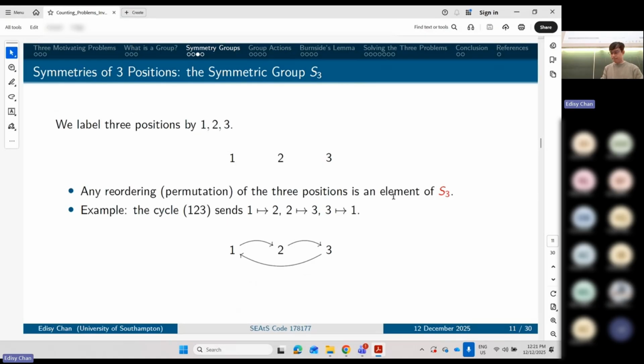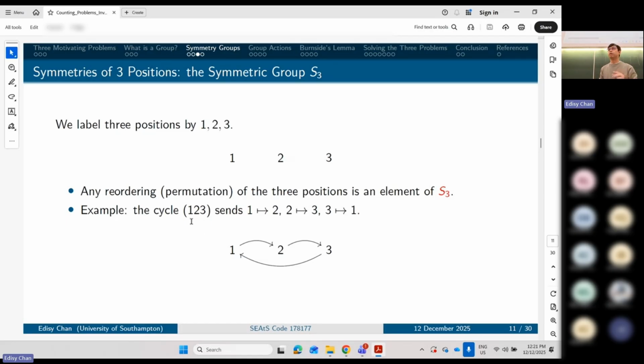The other thing is the poker cards. Now we can think about those 3 hands. We are trying to permute them, right? So we have 3 positions. We can permute them like 1 to 2, and then 2 to 3, and then 3 to 1, right? In notation, we represent it in this way.